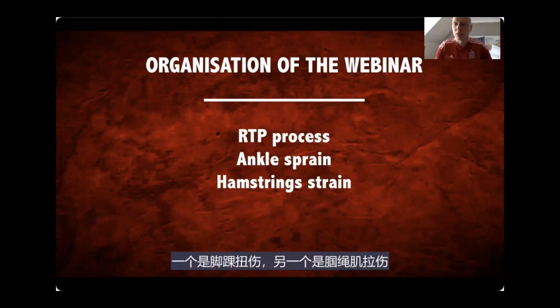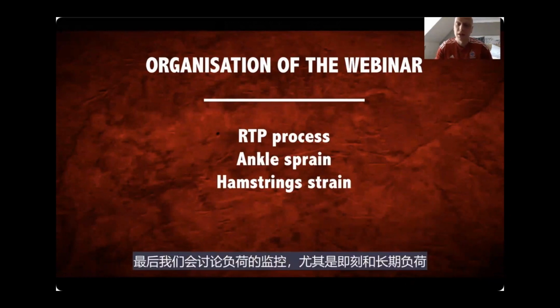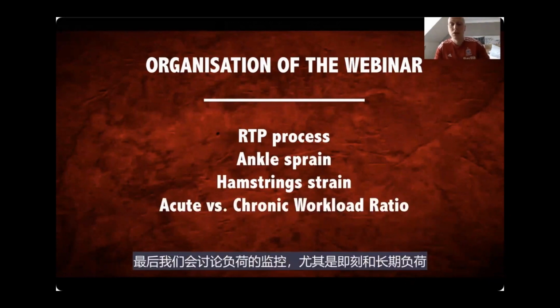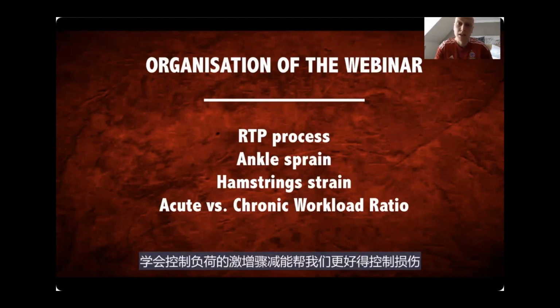One is going to be connected to ankle sprain, and then we're going to give an example through hamstring strains, and then finally we're going to talk about load monitoring and especially about acute versus chronic workload ratio that can help us a little bit to control the spikes in overload or underload, and in that way we are trying to avoid players getting injured.